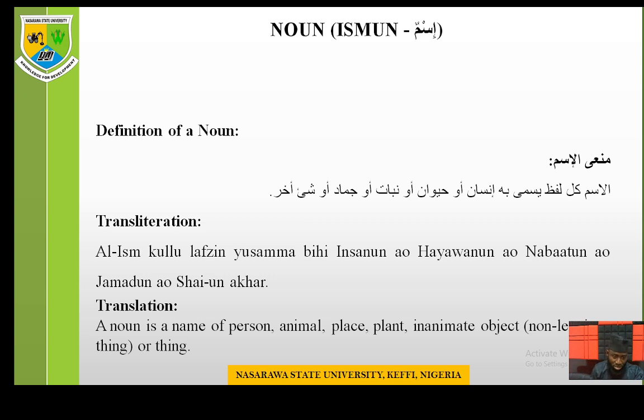You can read it yourself. So in translation, when we translate the definition of Arabic isim, it is what? A noun is a name of person, animal, place, plant, inanimate object, which is non-living thing, or things.